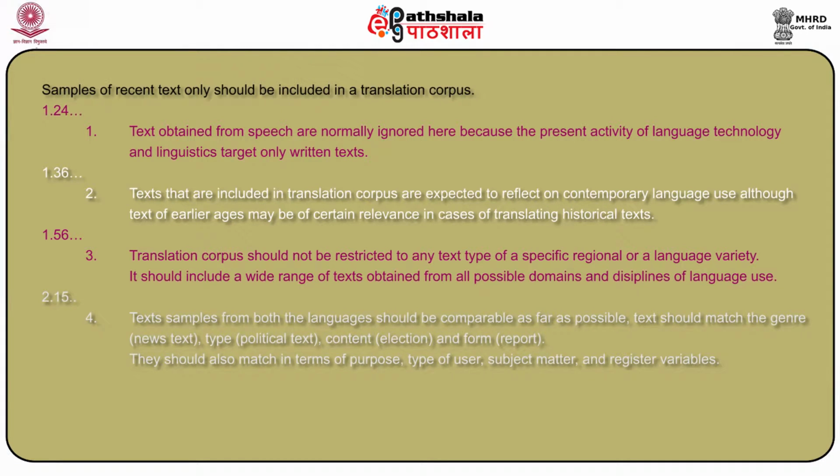Text should match in genre, say news texts, type, say political texts, content, say election, and form, say report. They should also match in terms of purpose, type of user, subject matter, and register variables.